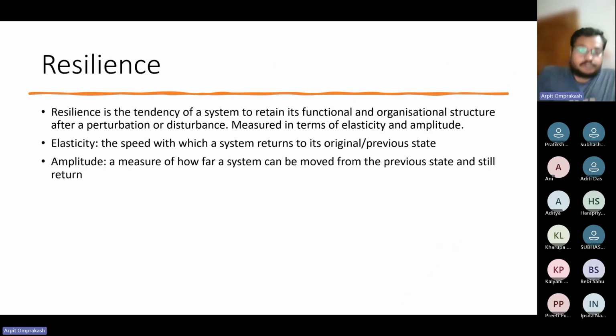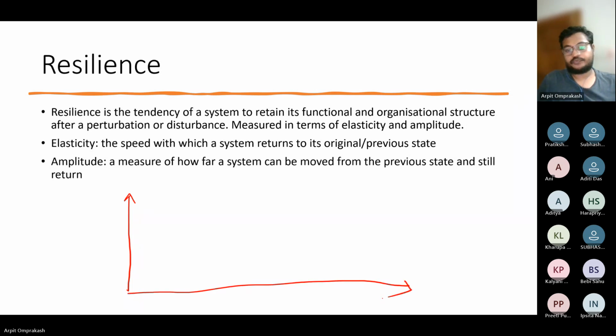The other thing that we can talk about apart from stability is something called resilience. Resilience is the tendency of a system to retain its functional and organizational structure after a perturbation or disturbance. It is generally measured in terms of elasticity and amplitude. So basically, let's say we have an ecosystem like this.